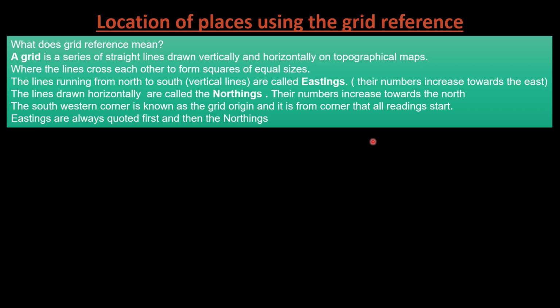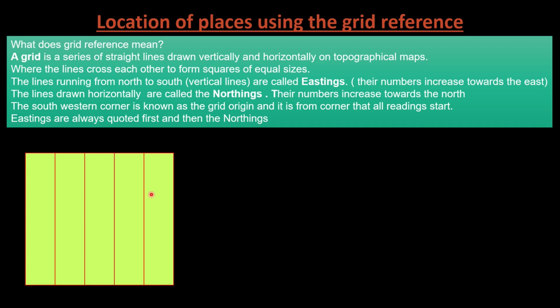The lines running from north to south, that is the vertical lines, are called eastings. Their numbers increase towards the east, as we can see over here. Always the numbers, whether it is northings or eastings, are never 3 digit or 1 digit.